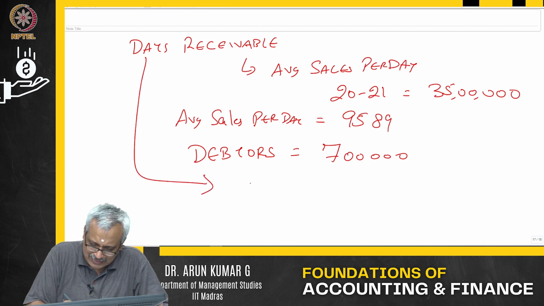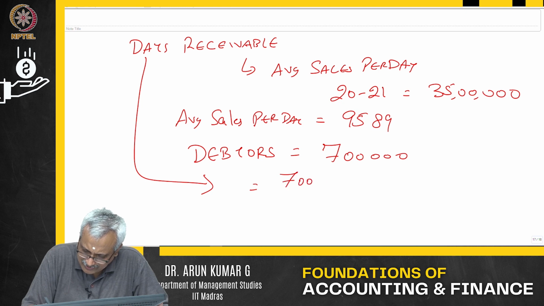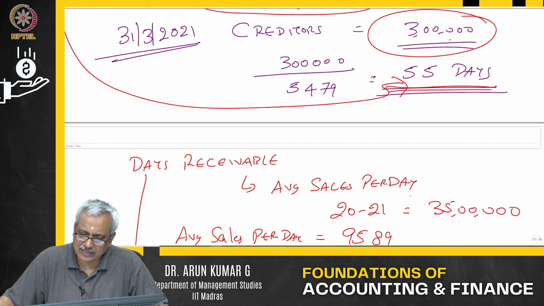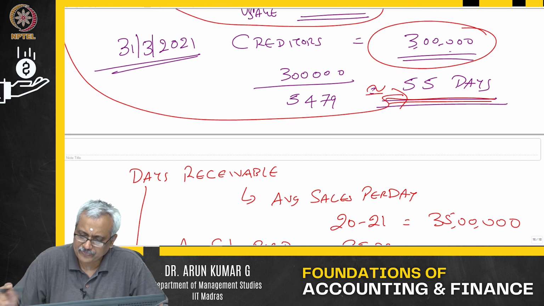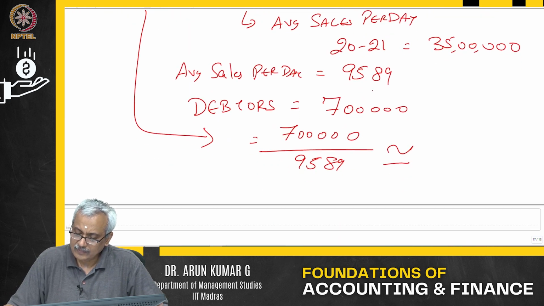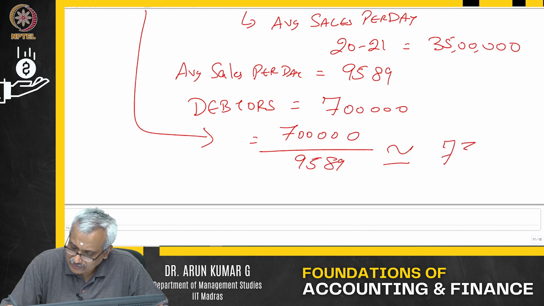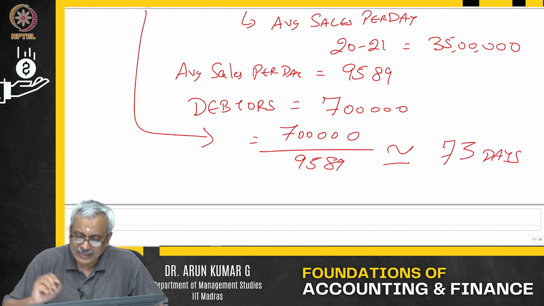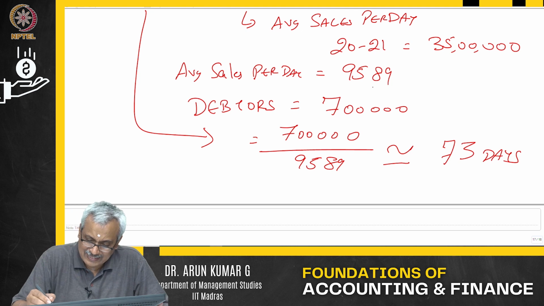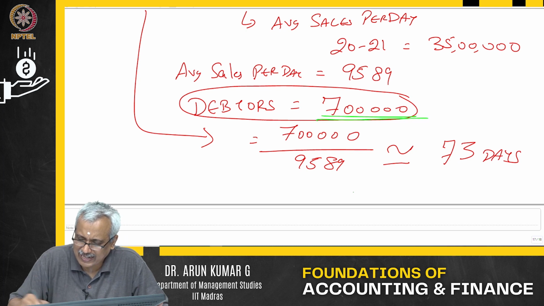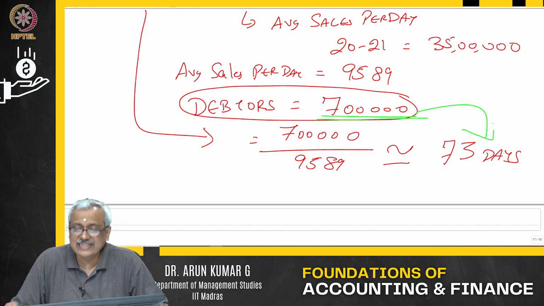I would say my days receivable will be 7 lakhs divided by 9589, that is approximately 73 days. That means the debtors on the balance sheet, this 7 lakhs, is equal to 73 days of sales.